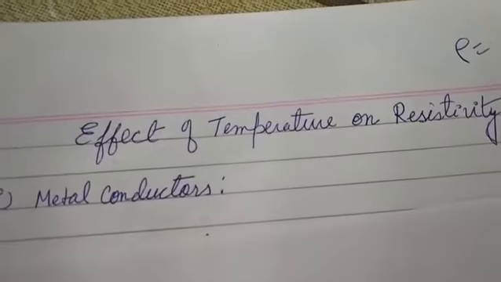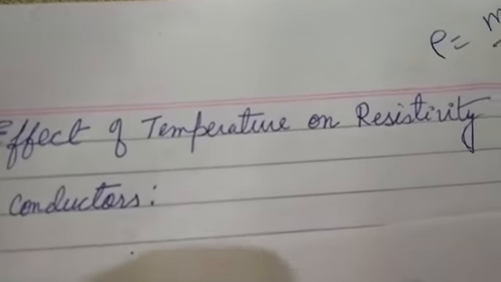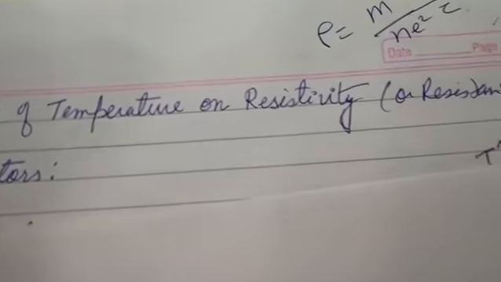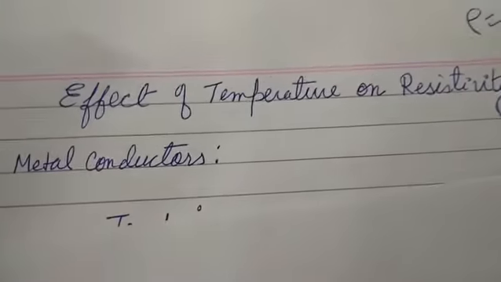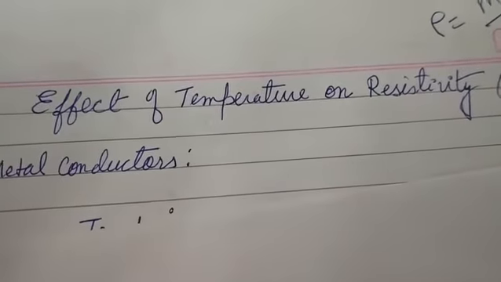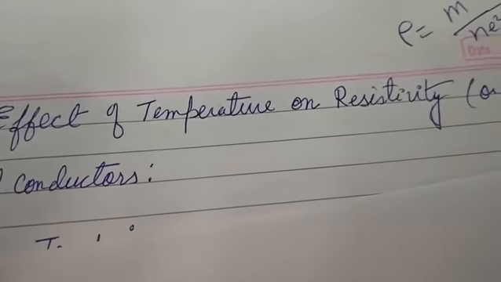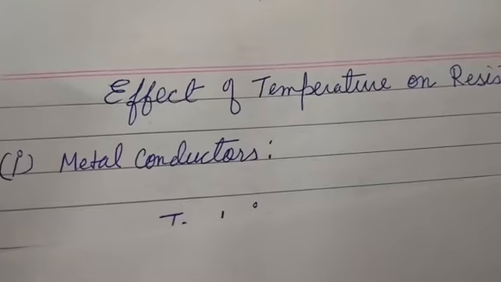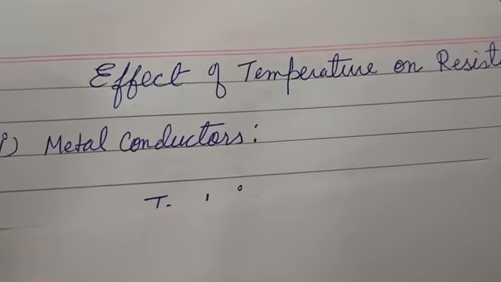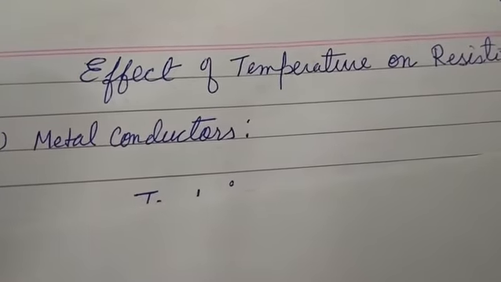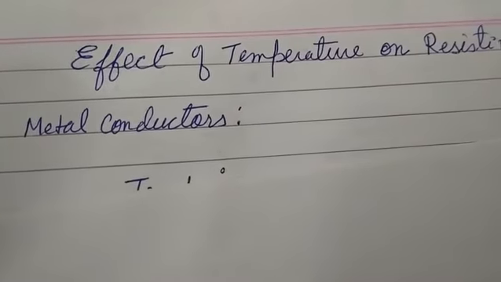Now next is the effect of temperature on resistivity or resistance. We will discuss the effect of temperature on the resistance or resistivity of different materials. First we take the metal conductor. What is the effect on the resistance of a metal conductor by increasing or decreasing the temperature?